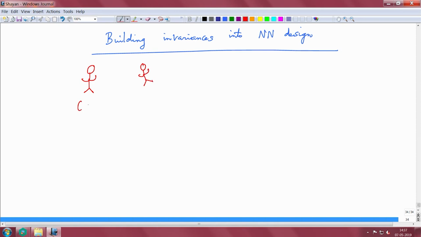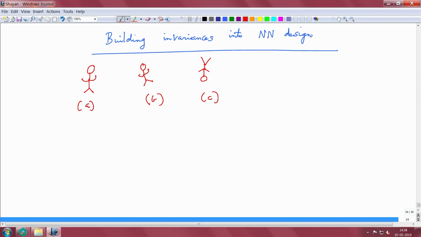Let us say this is A, just straight upright, this is tilted with a negative angle of 30 degrees, perhaps upside down, right, you just turn it upside down.